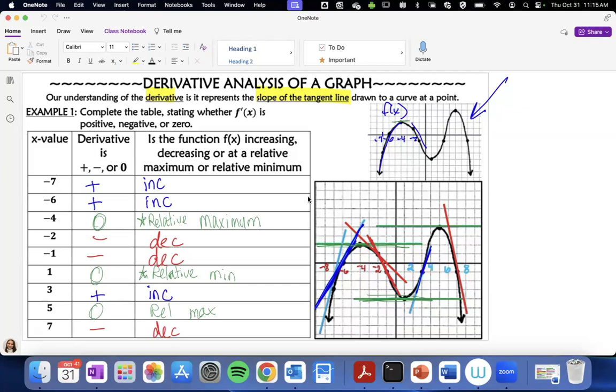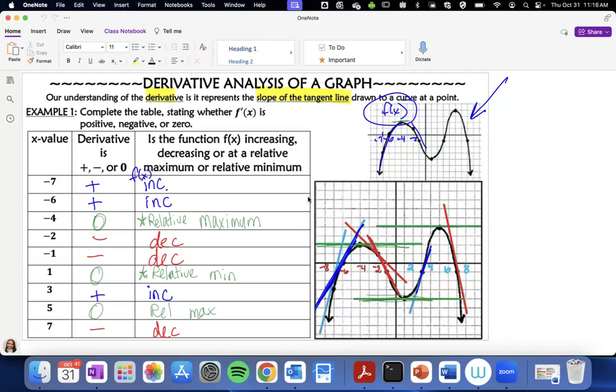Okay, here's what I want you to do now. Let's make a jump. I want you to tell me the interval on which, based on f of x, f of x is increasing.